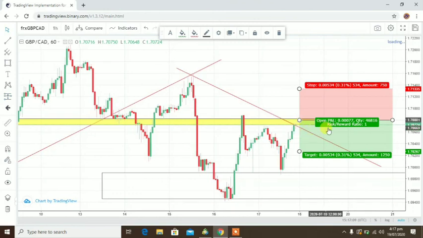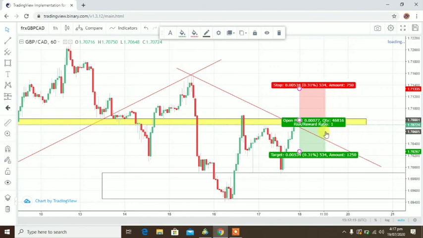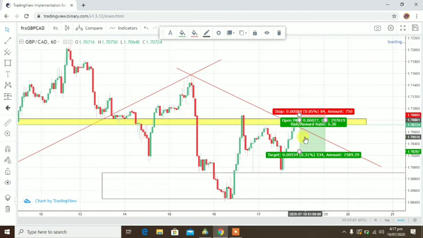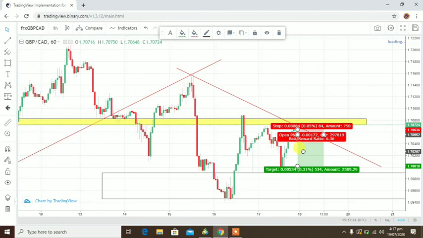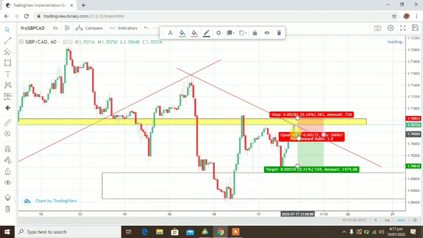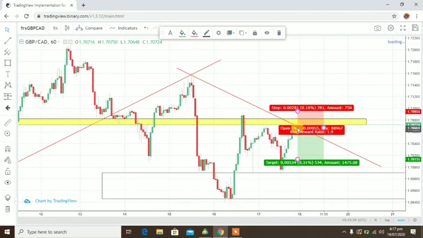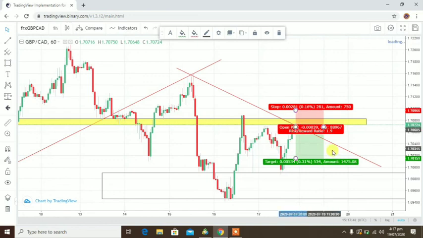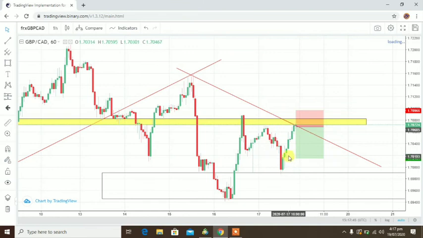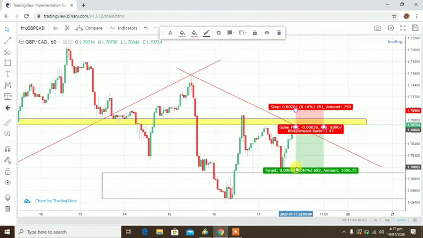So applying our risk to reward tool, this is what we'll be looking for on GBPCAD. This is what we are looking for, guys.